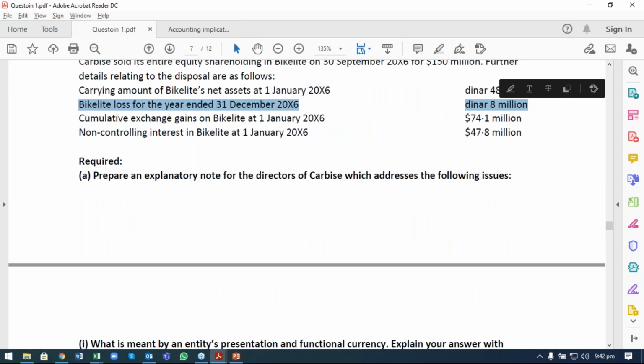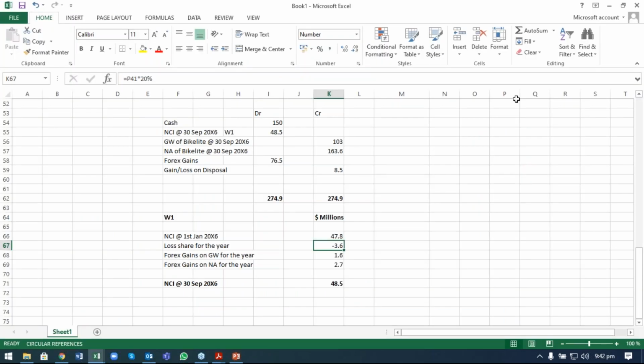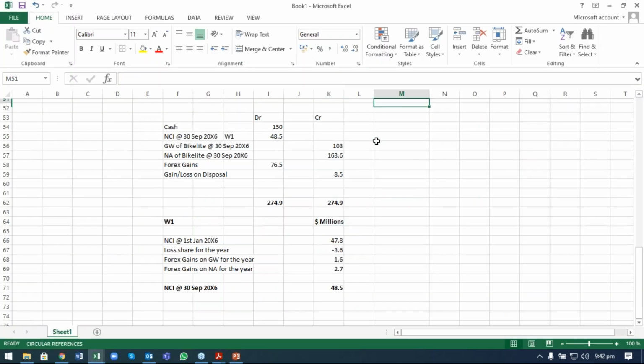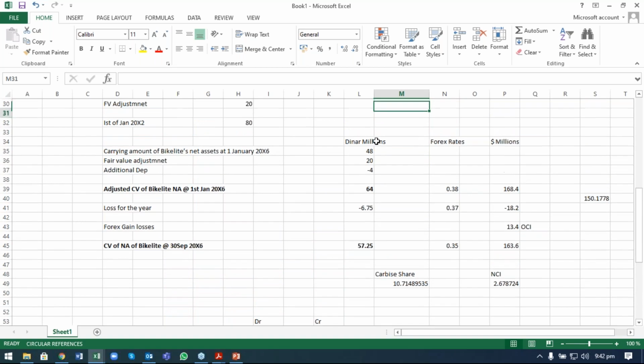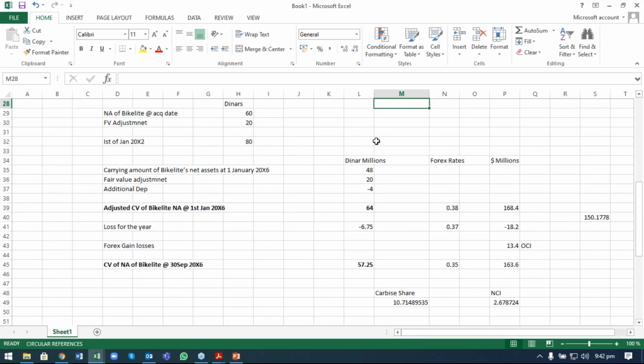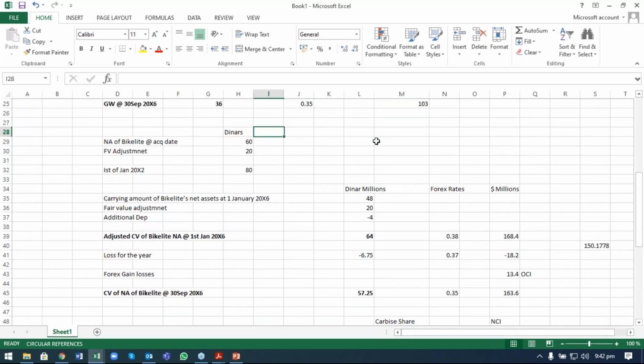Is it clear? So once the 8 million dinar loss was converted into various net assets, once this loss for the year was converted into dollars, that is 18.2 million.